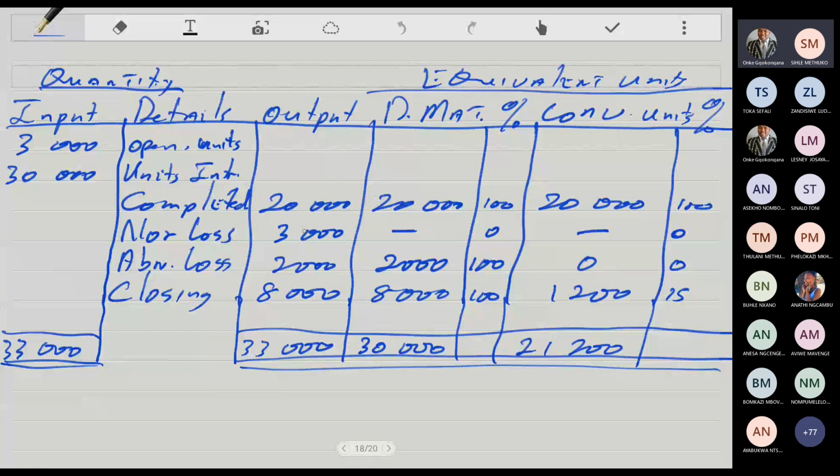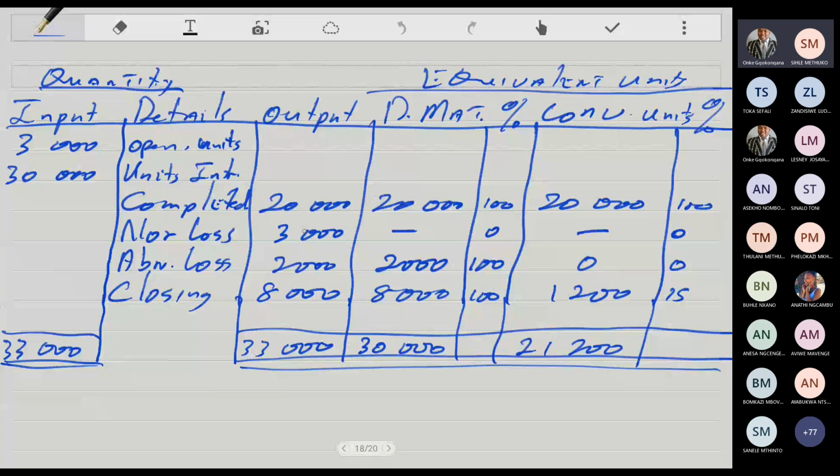We've got 20,000 units times the total cost of 15 rand 79. We don't have a problem with that. So it gives us a total of 315,849.6 cents, something like that.